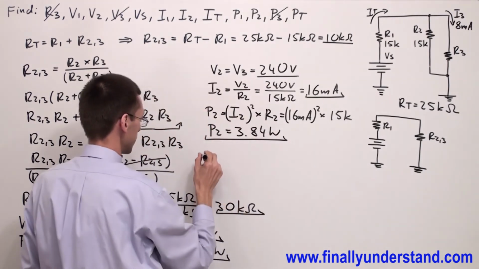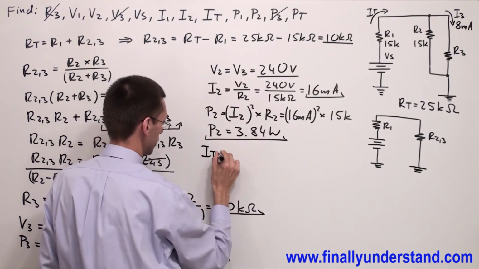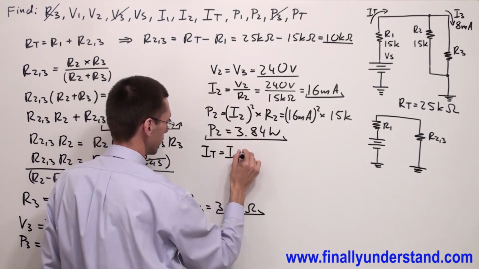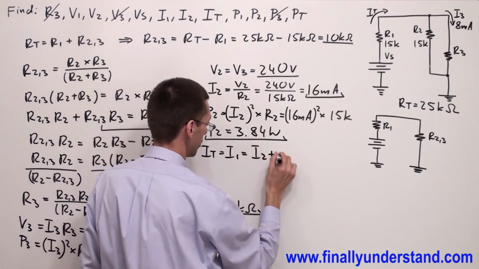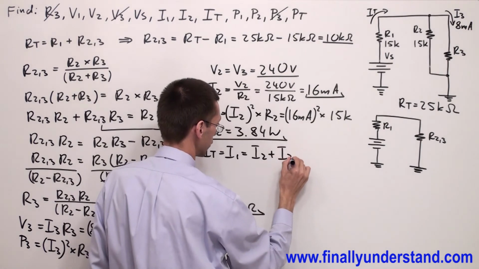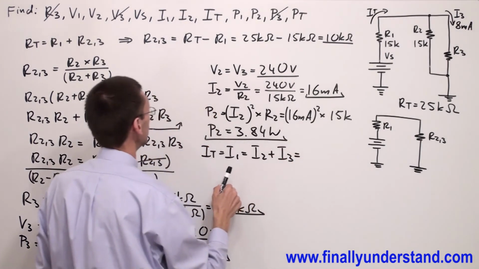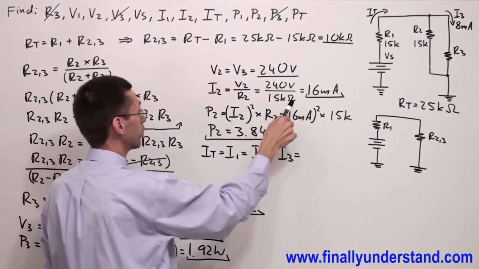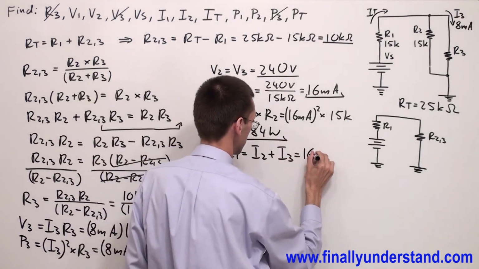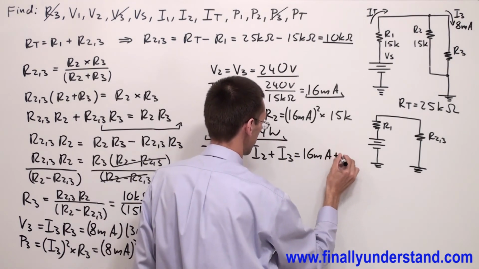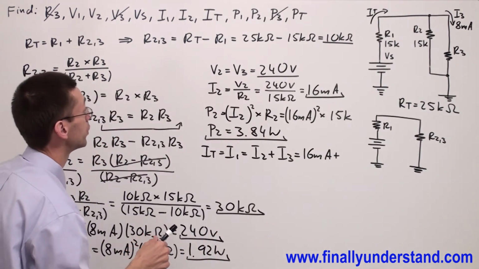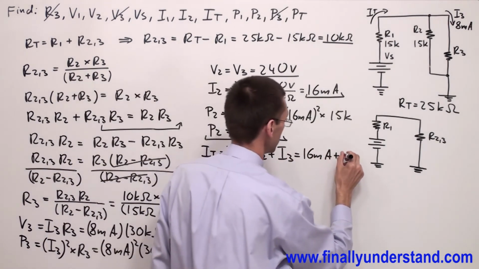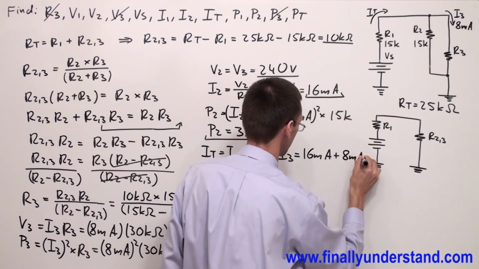So I can say that I total is equal to I1, and this is equal to I2 plus I3, where I2 we found is equal to 16 milliamps plus I3, which is given, so I have 8 milliamps.